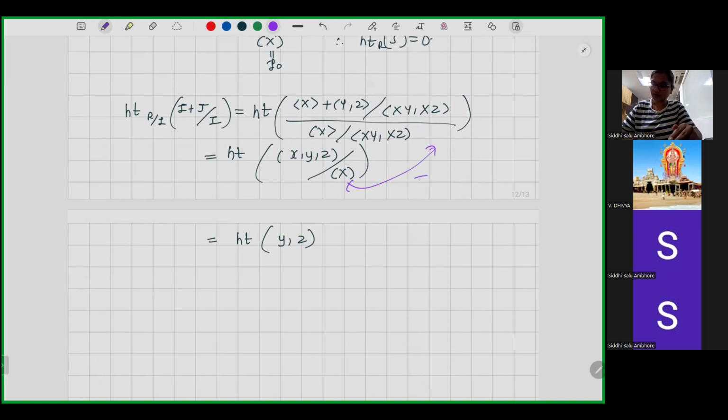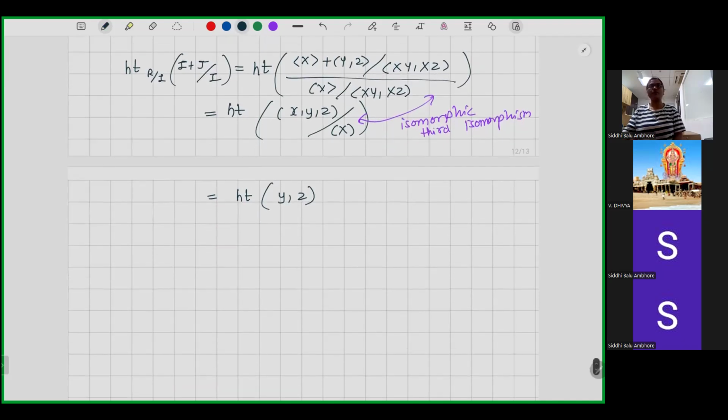These two are isomorphic. This second isomorphism. Second or third? No, not second, third, I guess. Third isomorphism. And this xyz quotiented by the ideal generated by x is just the ideal generated by yz.